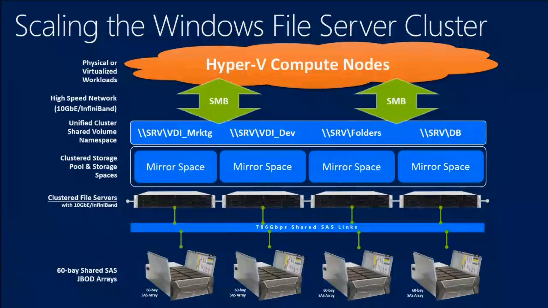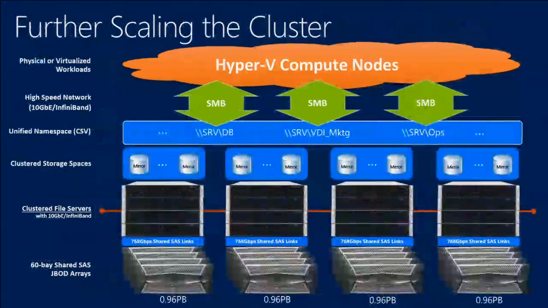You can imagine this bottom part here with 4 servers, 4 JBODs. This is 1 unit. I can take this unit and add more of them. Even though these 4 separate units are not connected physically through SAS, they're joined because they're in a cluster.